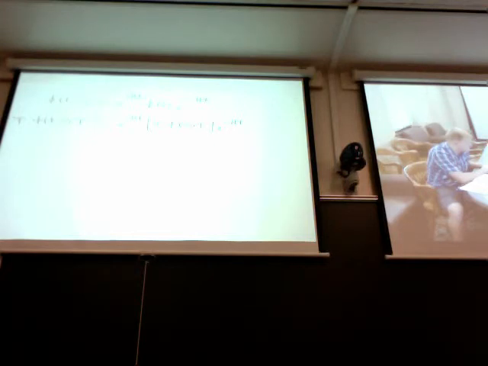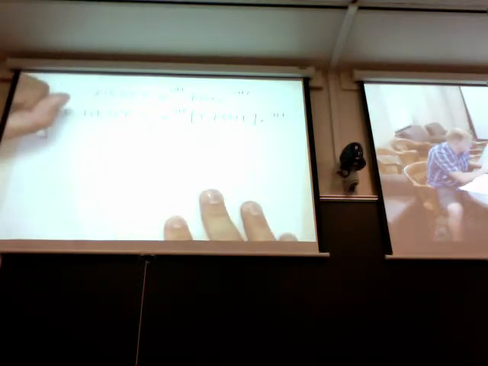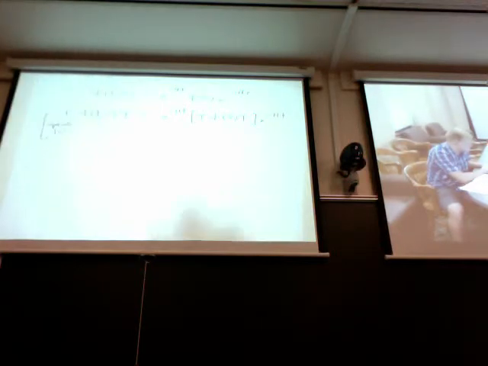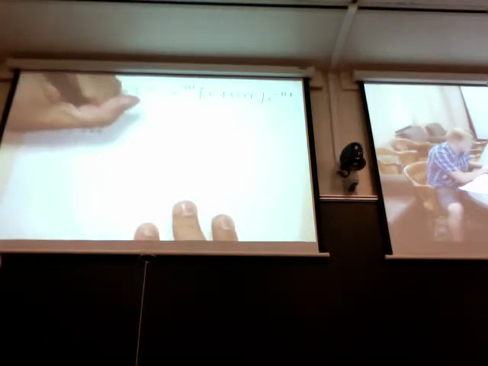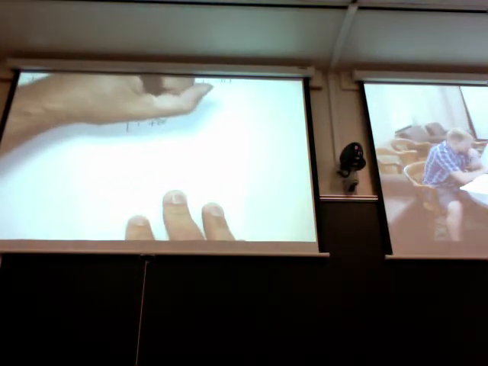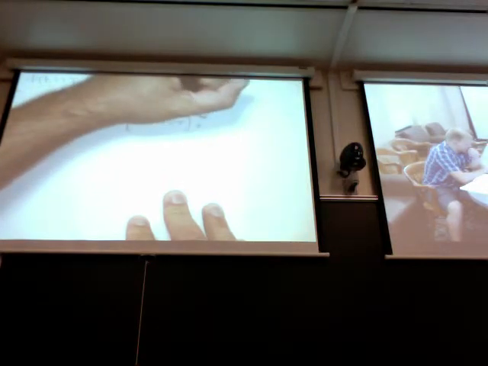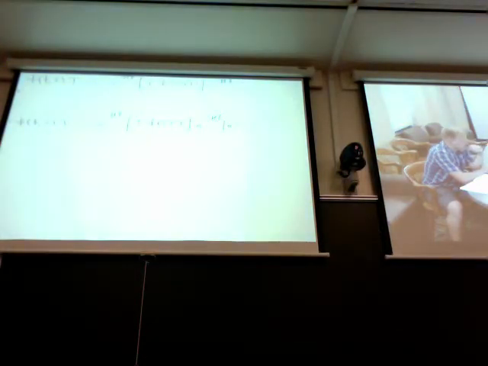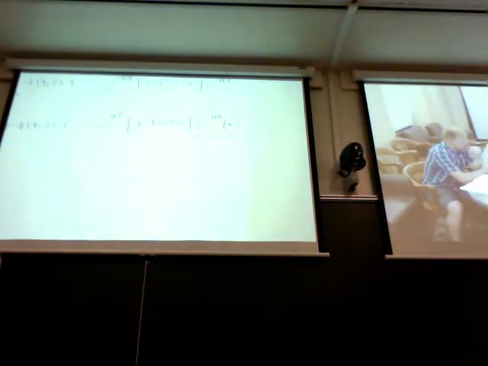But now let's let this thing operate on the vacuum. Let me take T psi(x) T, and here I have e to the iHt psi e to the minus iHt. But what happens when this operator hits the vacuum?